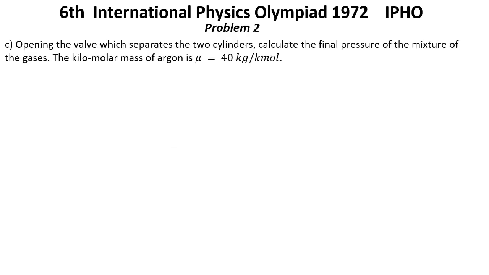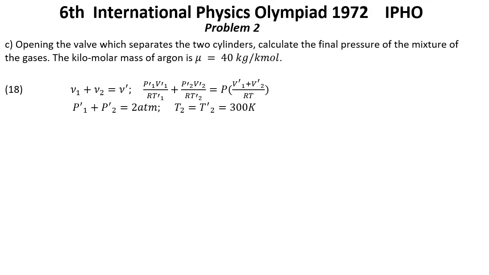Solution for question C. Opening the valve which separates the two cylinders, calculate the final pressure of the mixture of the gases. The kilomolar mass of argon is mu equal 40 kg per kilomole. When the valve is opened, the gases intermix, and at thermal equilibrium the final pressure will be P prime and the temperature T. The total number of kilomoles is constant.